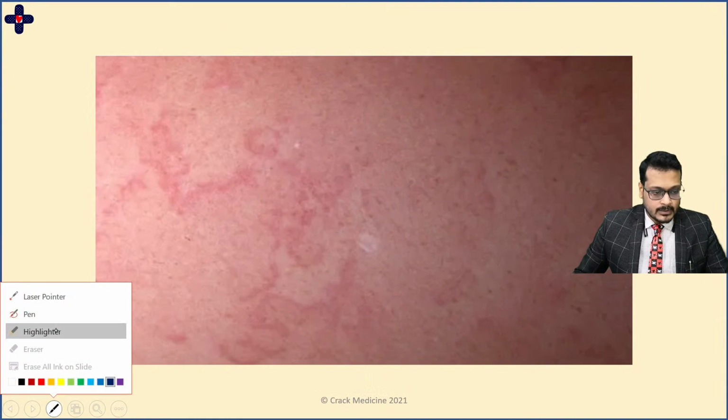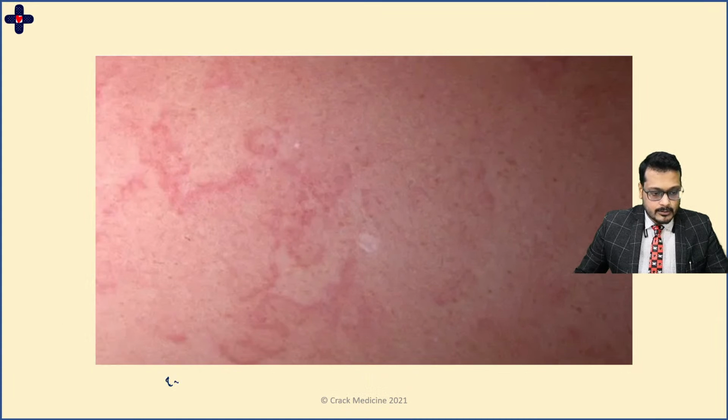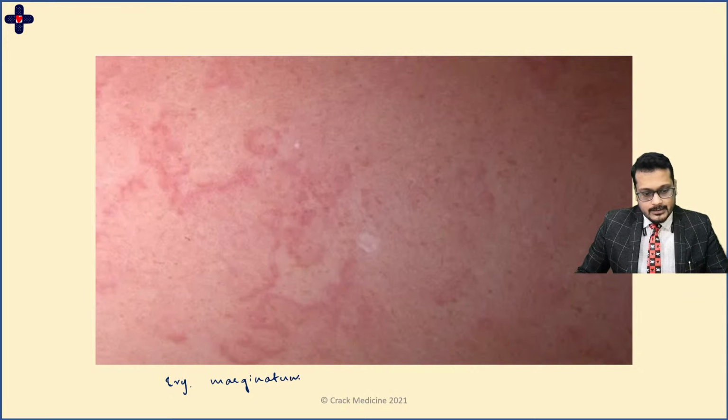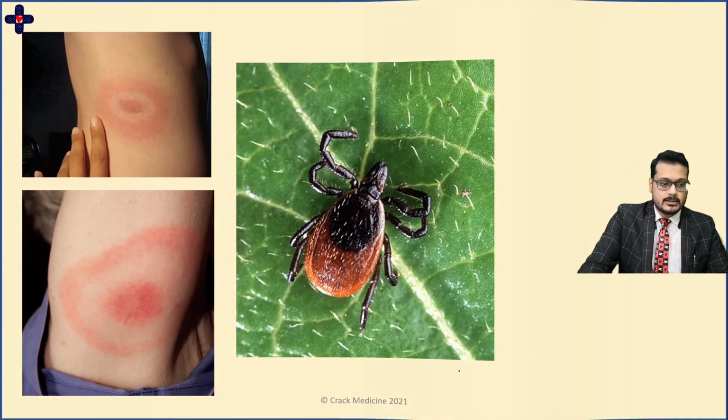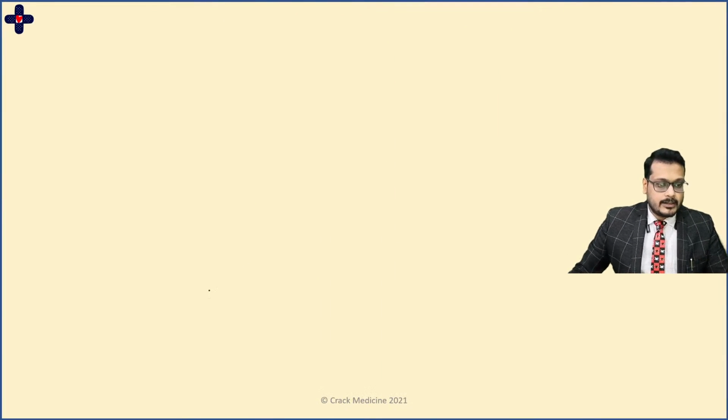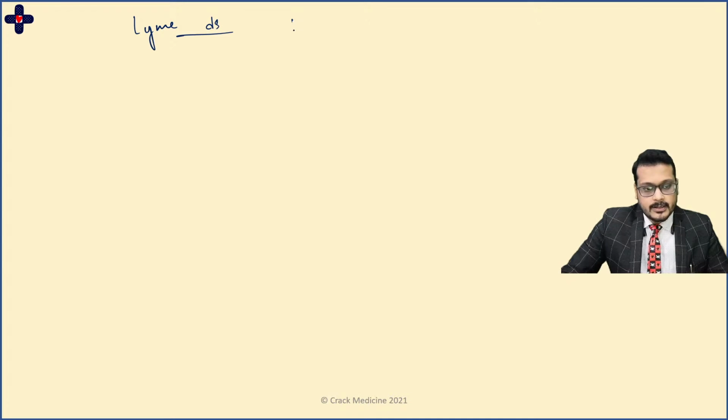And this is how erythema marginatum looks, seen on the trunk and proximal limbs of a rheumatic fever patient. Don't worry, you're not getting any images. These are just for guiding you a bit. Let's talk about Lyme disease a bit. Caused by Borrelia.